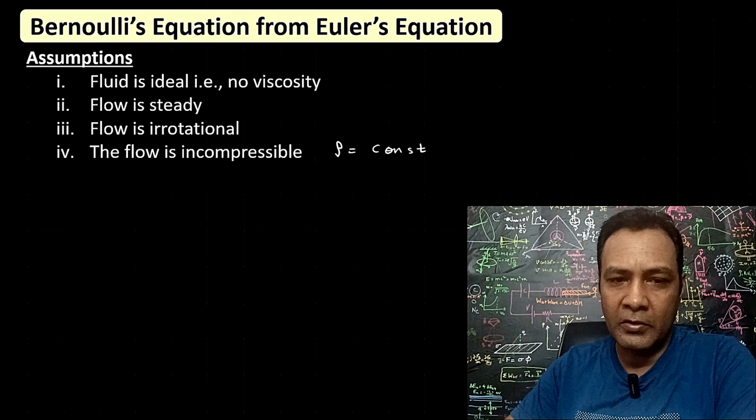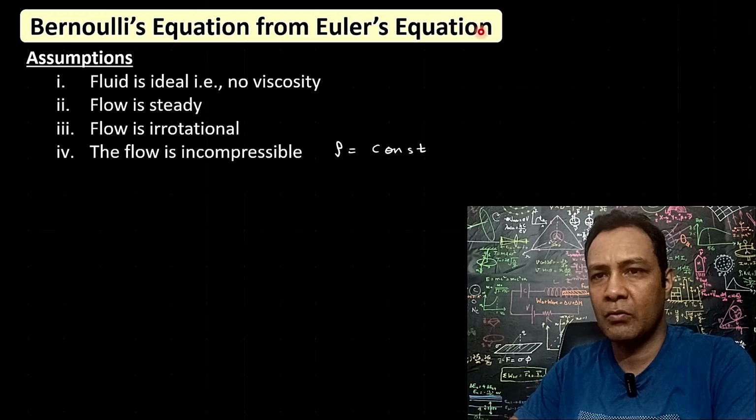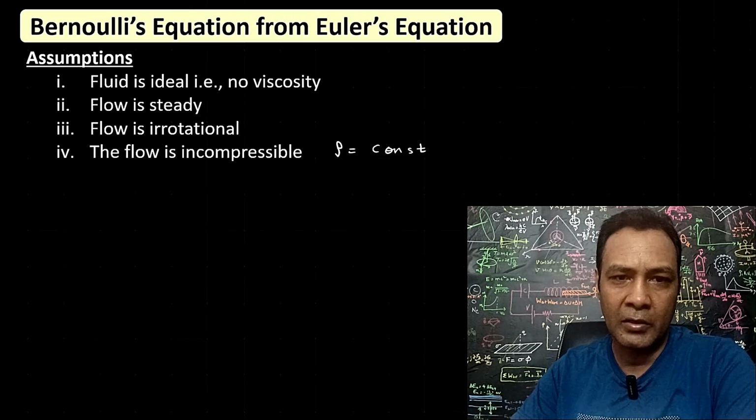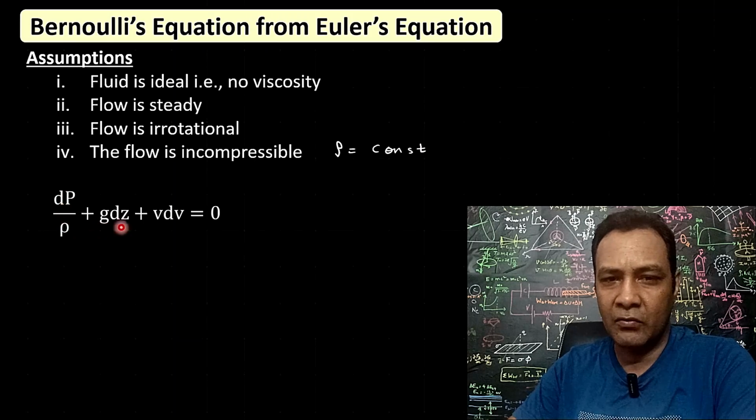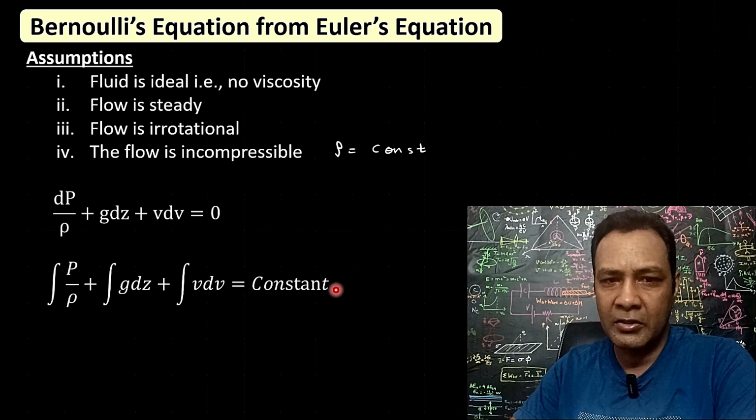So now it is a straightforward method to derive Bernoulli's equation from Euler's equation. How can we get that? This is Euler's equation, and we just need to integrate it. If we integrate this, obviously a constant will come on the right side.